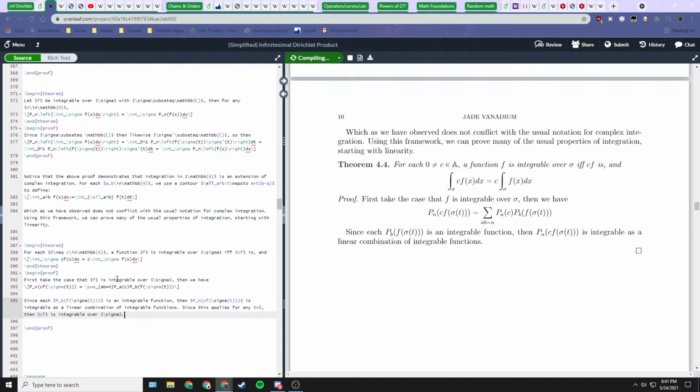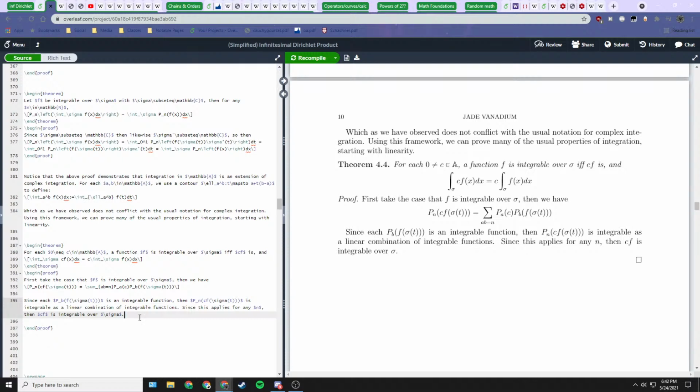Since this applies for any index, for any projection, then C F is integrable over sigma. So we just assume that F is integrable, write out this P sub n product for C times F. We get this. This is just a linear combination of these integrable functions. So all of these projections are integrable, so C times F is integrable over sigma.